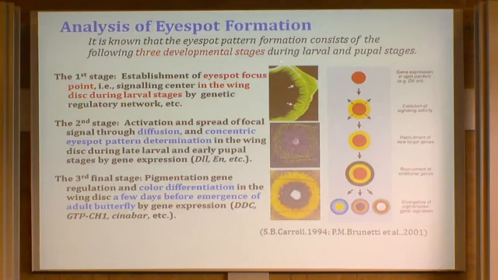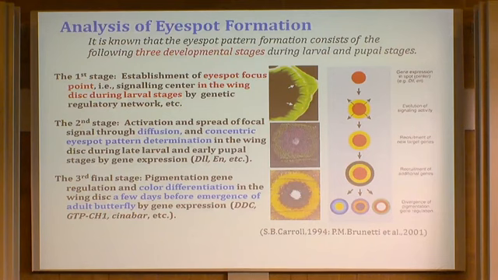The first stage is establishment of the eye spot focus point, which is called the signaling center in the wing disc during the larval stage. Here we can see the small white spot. This is a focus point.